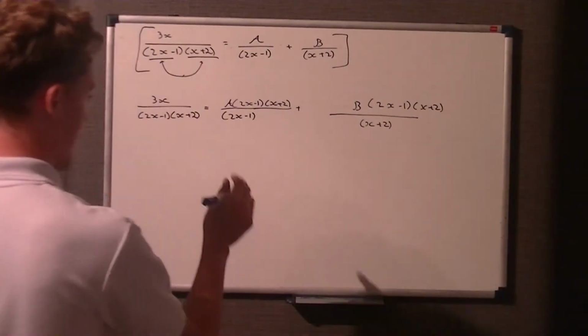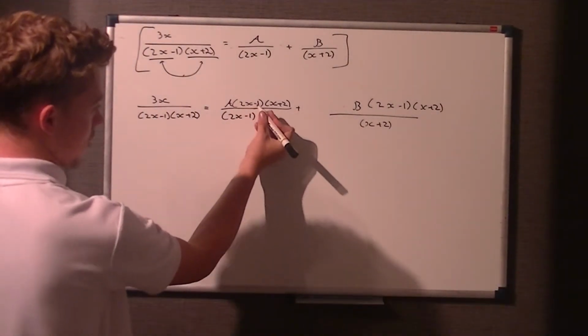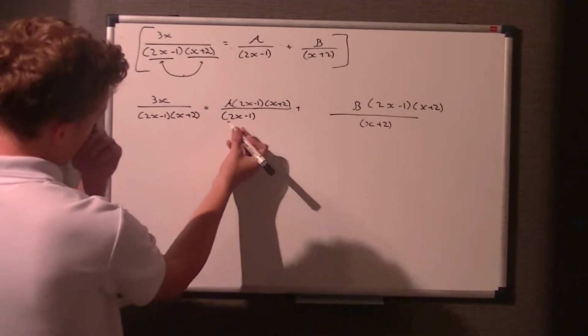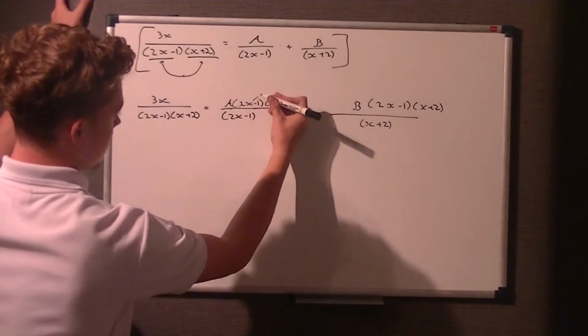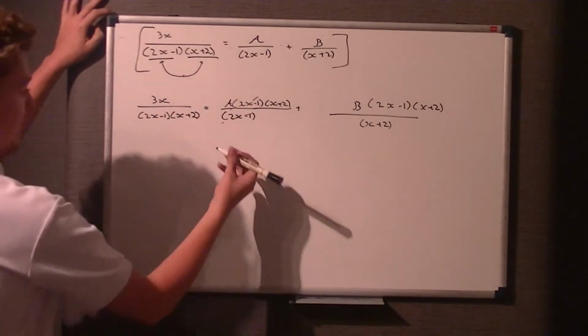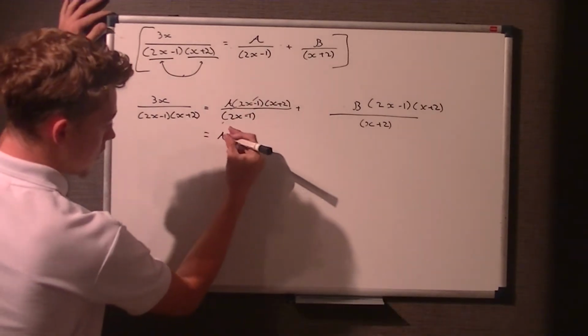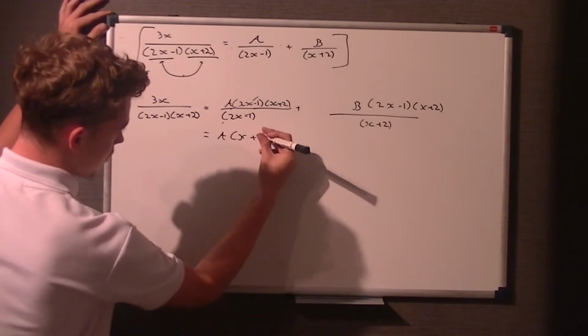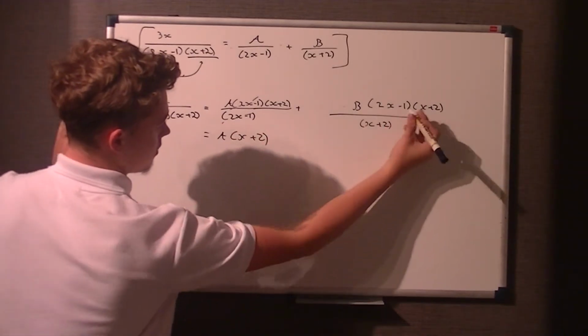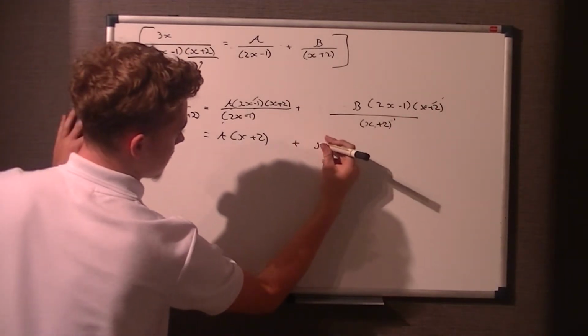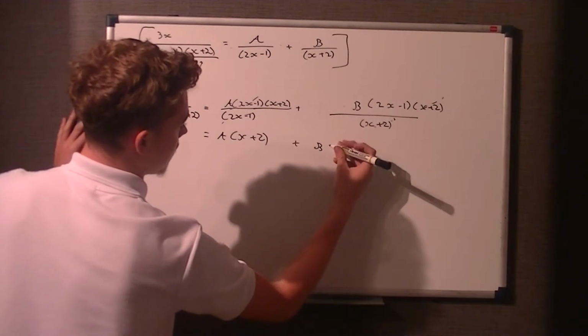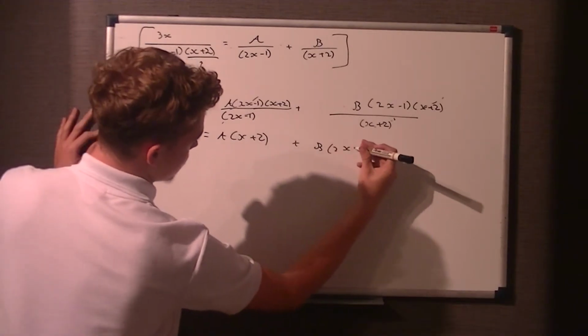So we've got a times (2x take 1)(x plus 2), and that's over 2x take 1. Obviously the 2x take 1's cancel out, so what we're left with underneath is a times (x plus 2). If we do the same here, the x plus 2's cancel, so b times (2x take 1).